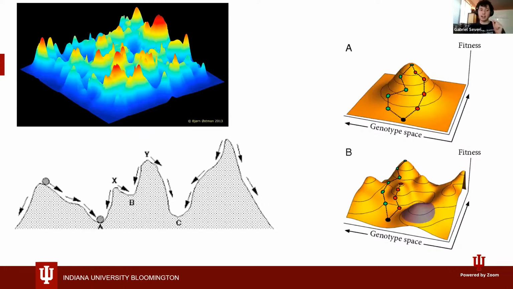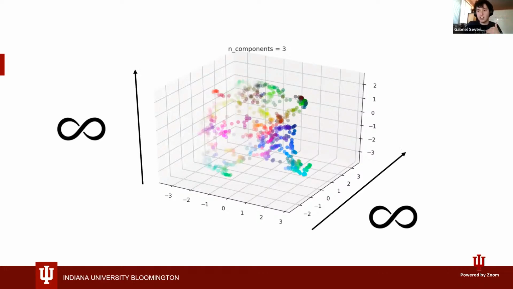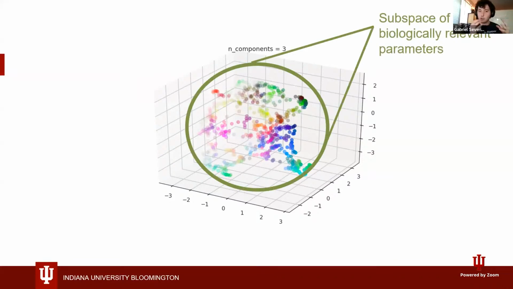We'll come back to this in a little bit, but my traditional spiel is that I think of this as the infinite parameter space. Biology gives us some sort of subspace of relevant parameters, and then optimization gives us sets within that subspace to look at more thoroughly as they're related to a task more specifically.